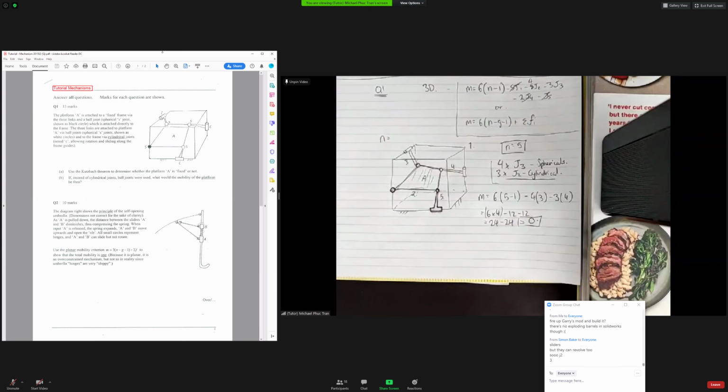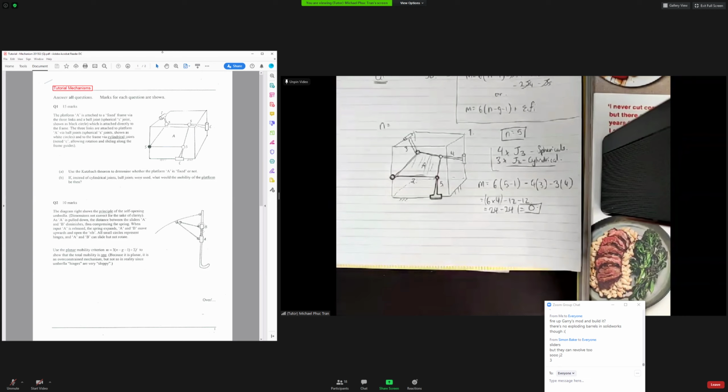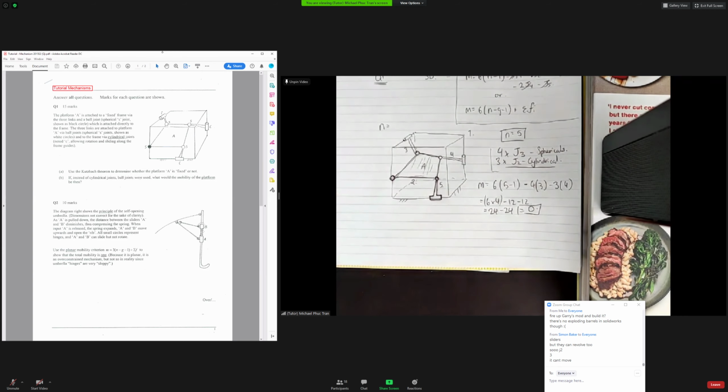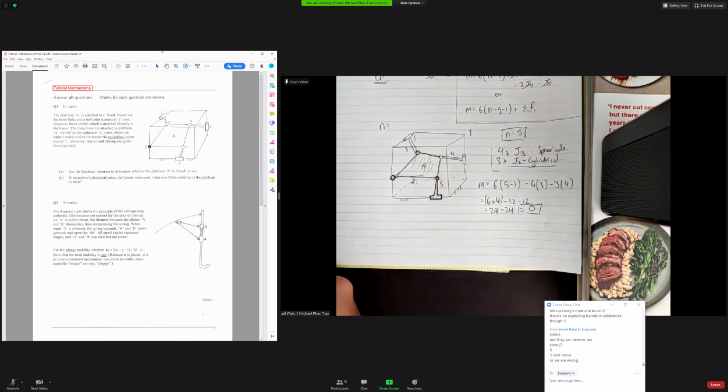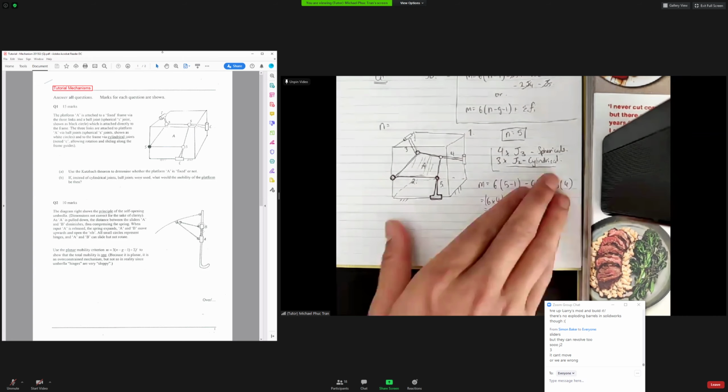So what does that tell us? It can't move. But we're not wrong. Something like that isn't obvious unless you make it in a model, or you sum up all the degrees of freedom and the links, chuck them in the formula, and you can find it out. All right.